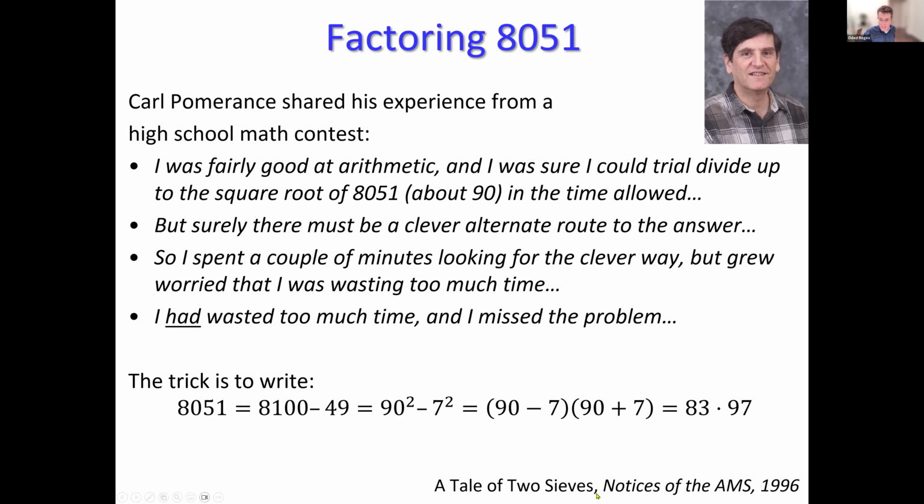There's a very nice article he wrote about this in the Notices of the AMS. I highly recommend this. Basically, this led him to develop some of the fastest known classical algorithms for factoring integers, like the quadratic sieve. So this high school math contest experience was quite influential for him.